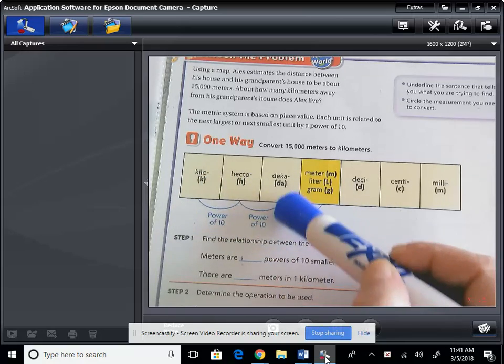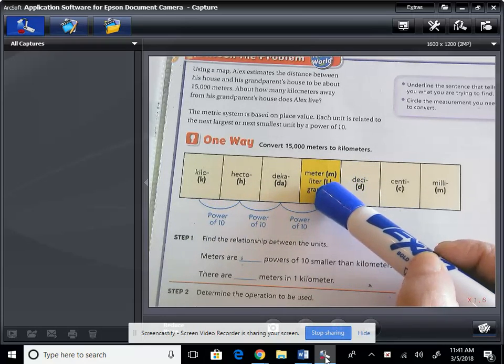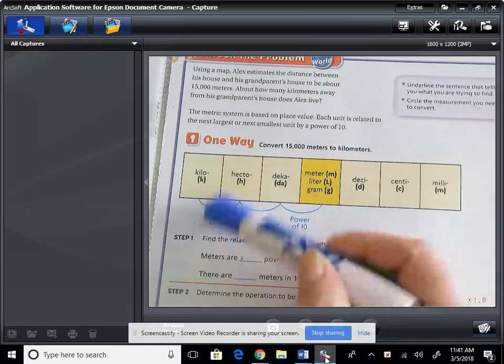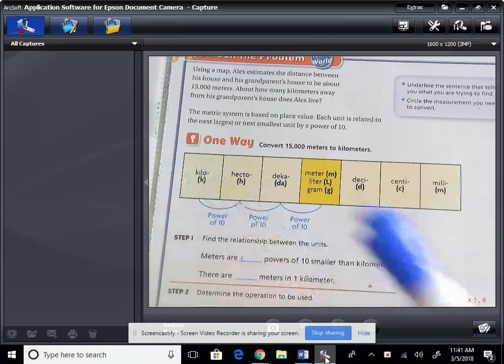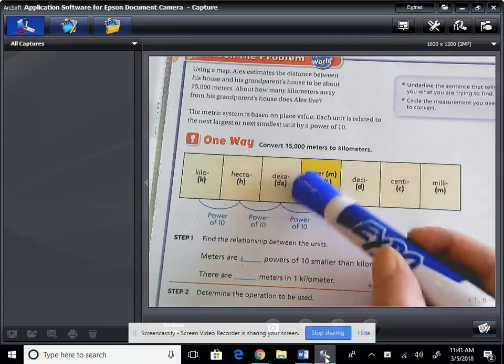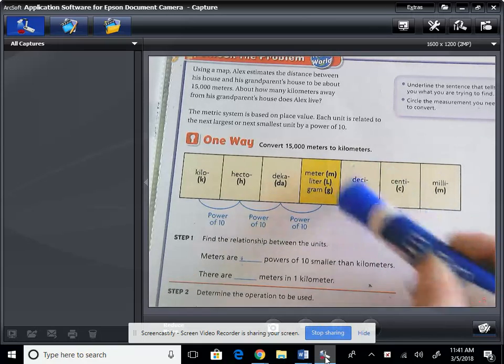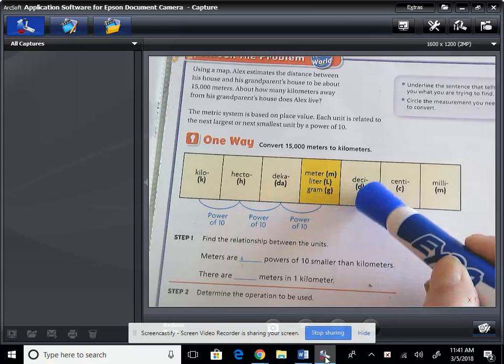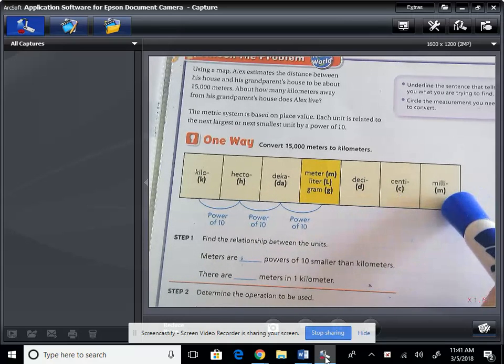So those are getting greater by the power of 10. So if this is 1, this is 10 times more, this is 100 times more, this is 1,000 times more. If we're going the other way, that's getting smaller by the power of 10, so we're dividing. So then we have a decimeter, a centimeter, and a millimeter.